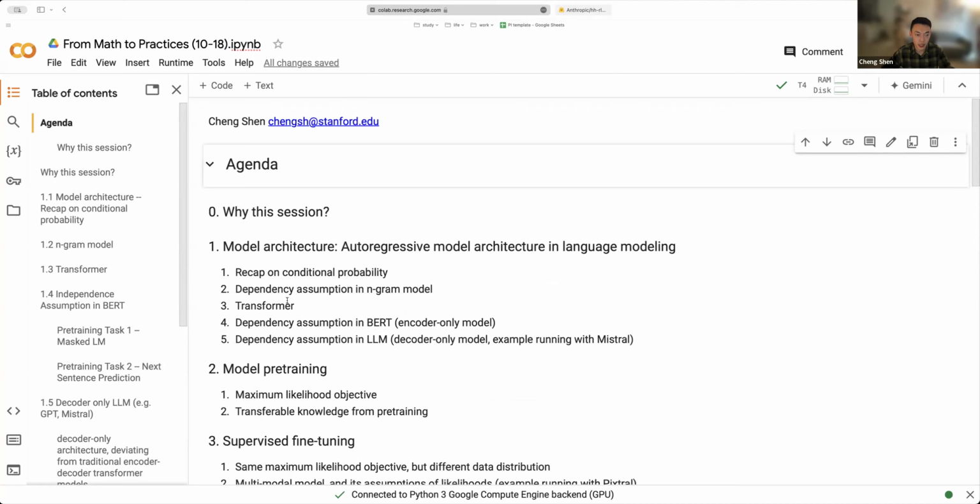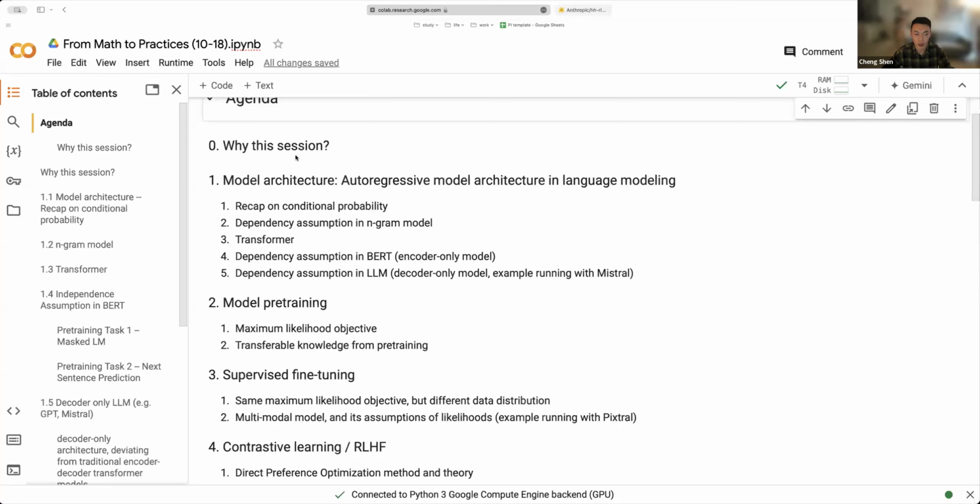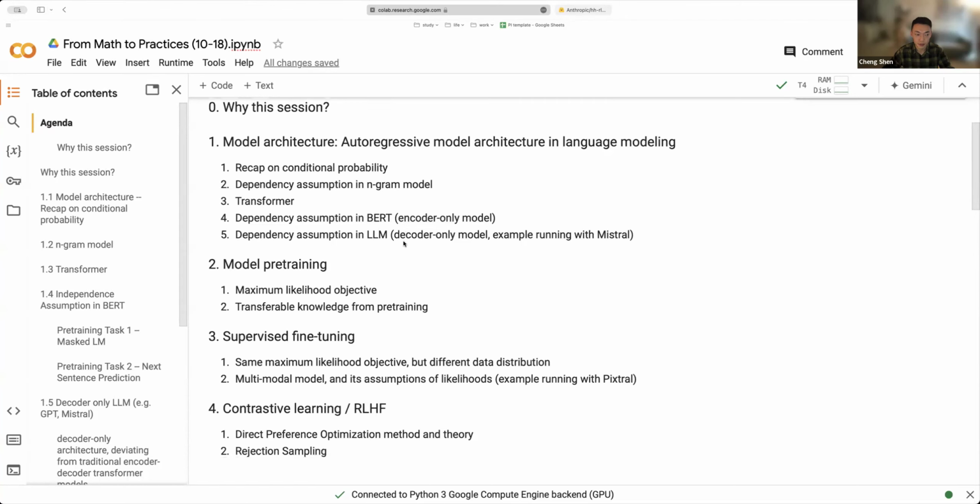For today's session, this is a brief agenda. The first one is the motivation for this session, which I also briefly talked about just now. Also, in language modeling, some basic model architectures, what their dependency assumptions are, how we compute the conditional probability, and how this maximum likelihood method leads us to the training methods of large language models.